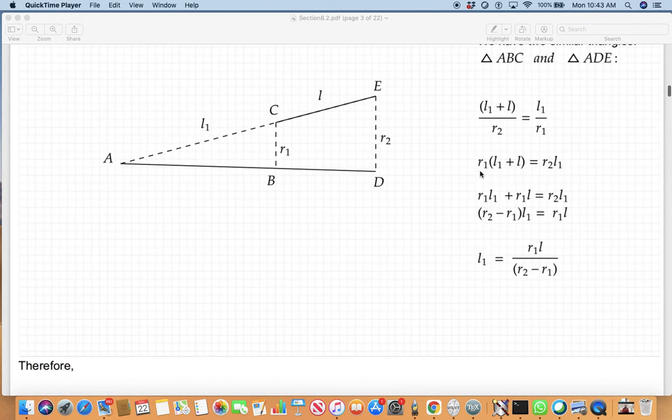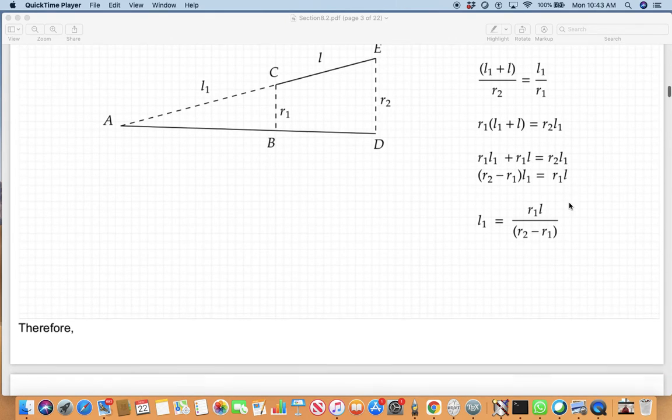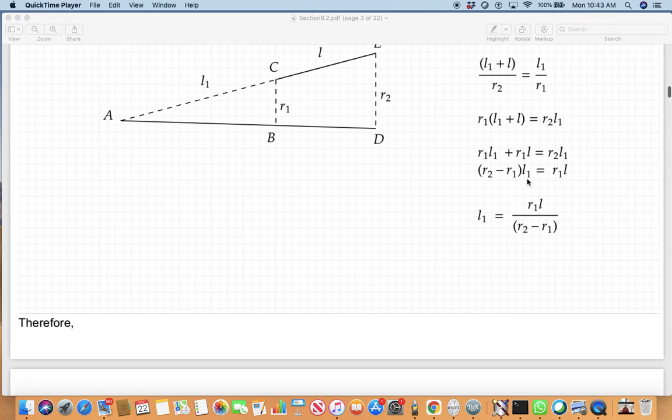Simplify or distribute: R1 L1 plus R1 L equals R2 L1. All right, move the L1 over. R2 minus R1 times L1 is R1 L. Okay, so we moved this there. So L1 is eventually R1 L over R2 minus R1.